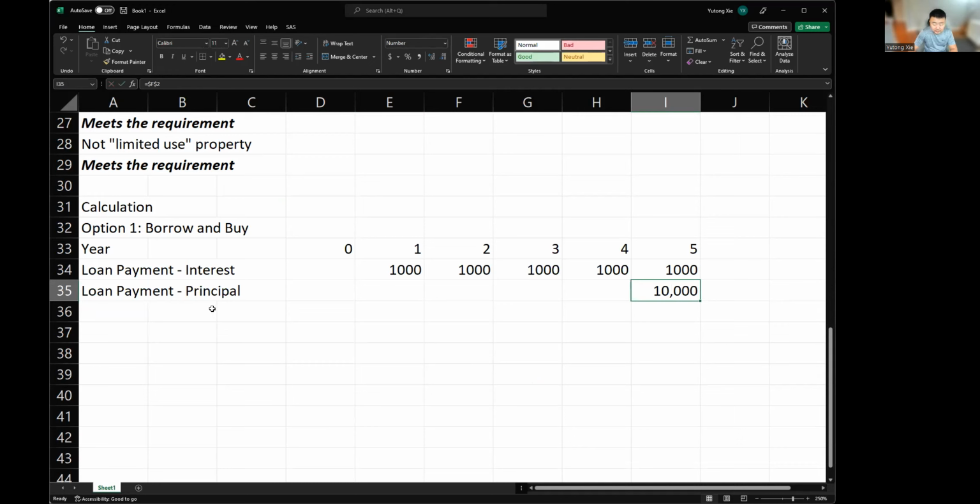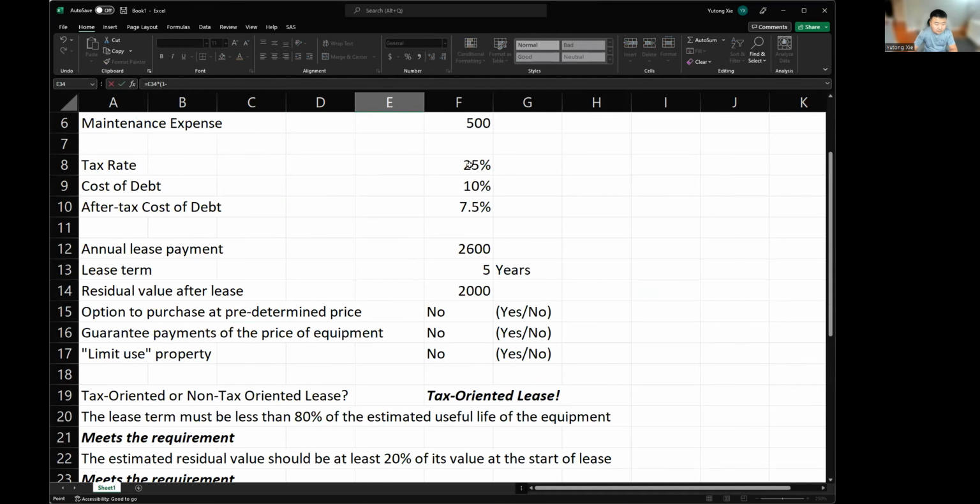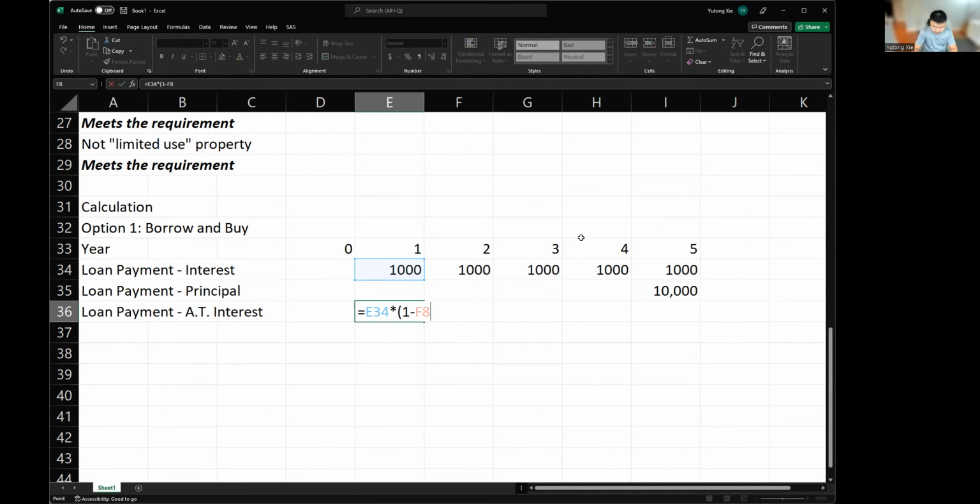Okay, so then we have the after-tax interest, right? Loan payment after-tax interest. It equals the interest payment times 1 minus the tax rate, which is 25%. Okay, but this 25% you have to put dollar signs so that again, when I copy and paste, I have the same cell reference.